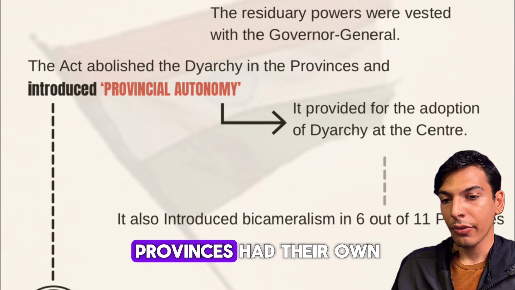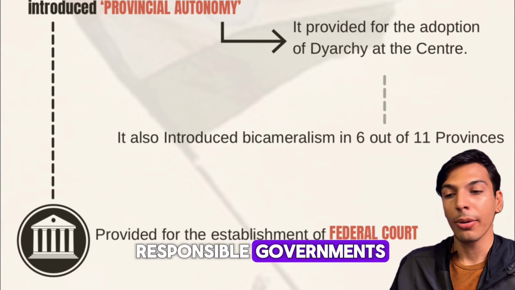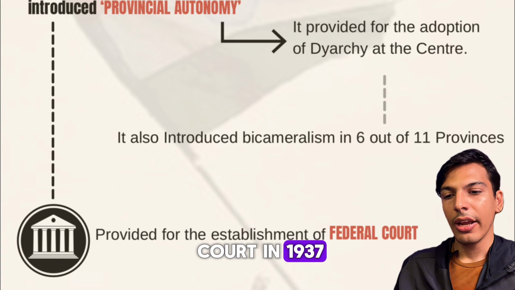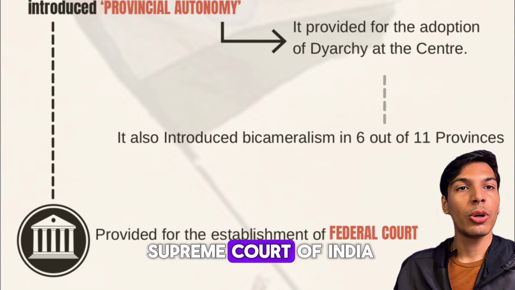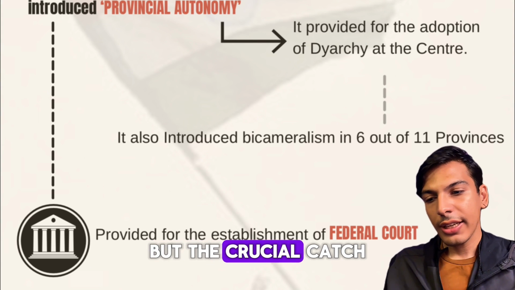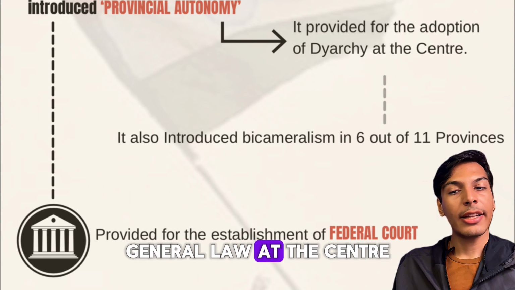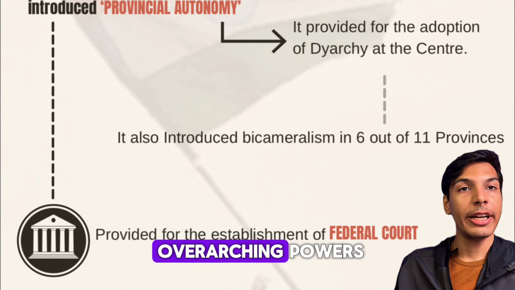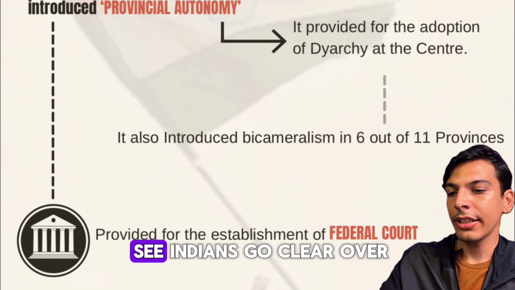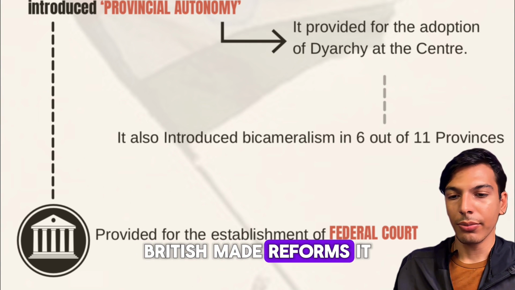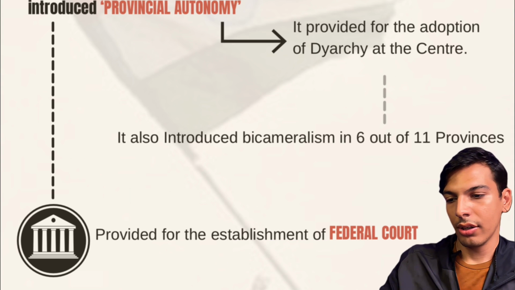For the first time, provinces had their own responsible governments. It established a Federal Court in 1937, which later became the Supreme Court of India. But the crucial catch here is the Governor General at the center and governors in the provinces still retained vast overriding powers. बस यहाँ से Indians को clear हो गया. True freedom won't come through British-made reforms. It had to be won.